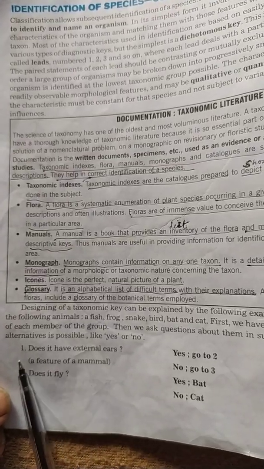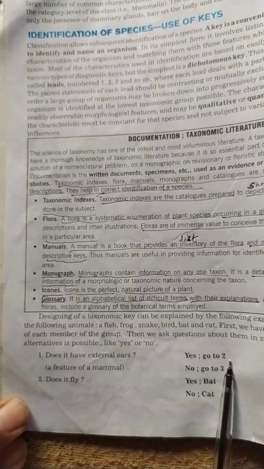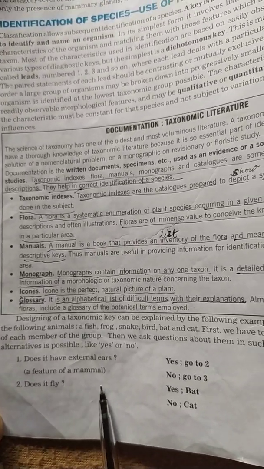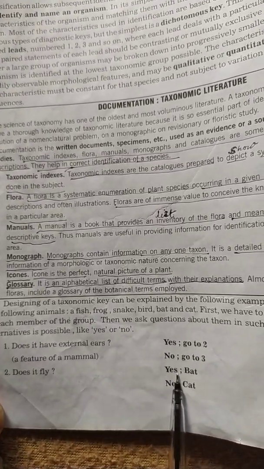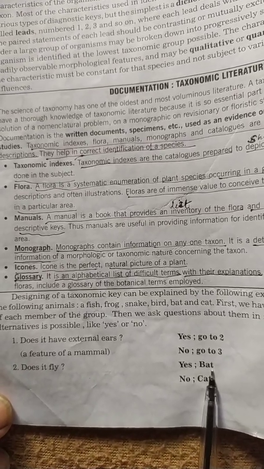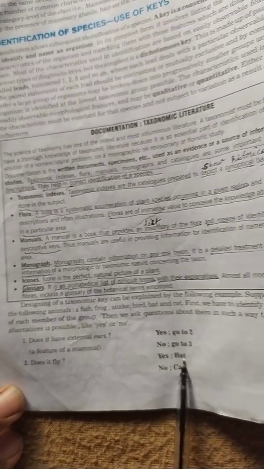Now the external ears is the feature of a mammal. So if yes, we go to the second. In second, we see, does it fly? It says yes. If it flies and it has got external ears, then we identify it as bat.